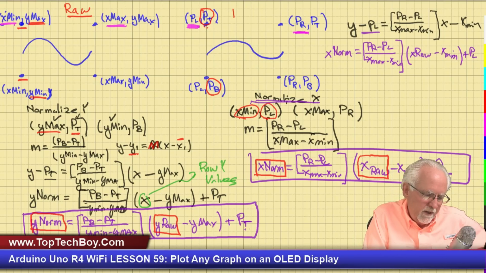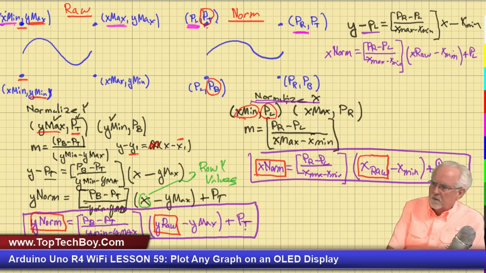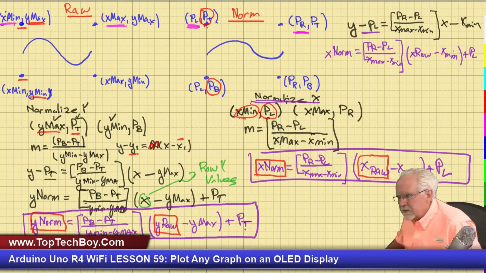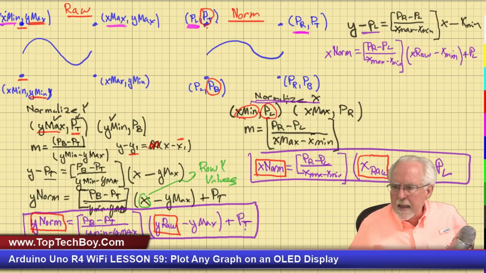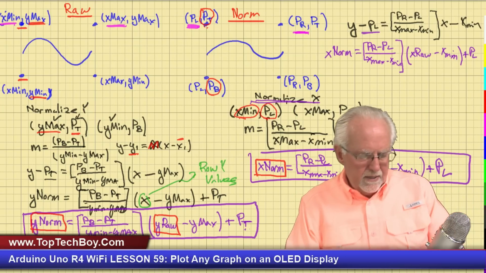And over here are my normalized numbers that will plot nicely on the OLED screen. Okay, so I guess I might have been in your way there. Make sure you can see that equation: X raw minus X min plus PL. Write those two equations down because you're going to need them. Okay, so now let's jump in and see if we do that.